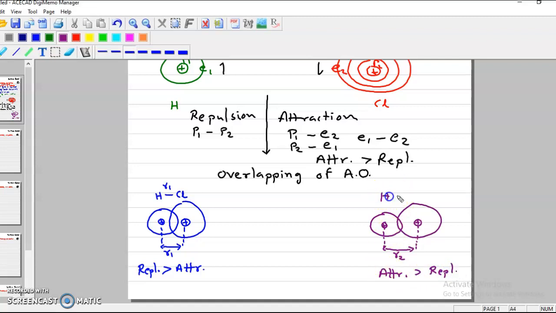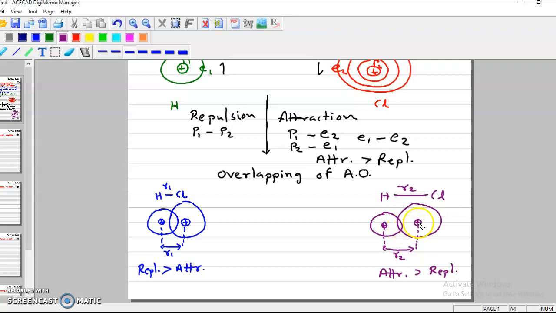Okay, so here H and Cl are at a far distance where attraction is greater than repulsion. Okay, so hydrogen and chlorine will be here now where there is a very small overlapping.